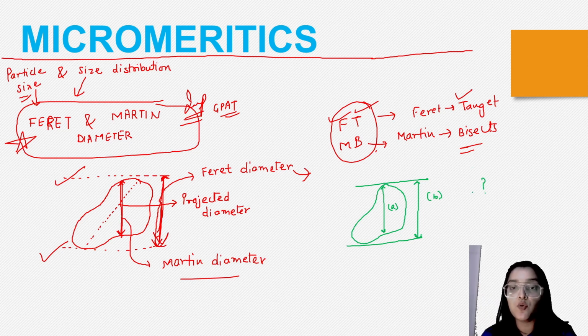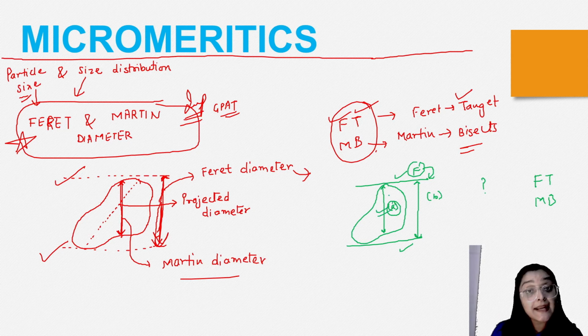So you now know that the trick was FTMB, which means F is the Feret diameter, the distance between the two tangents, and M is the Martin diameter, which is the line that bisects the particle. Okay, this is very important from your exam point of view.